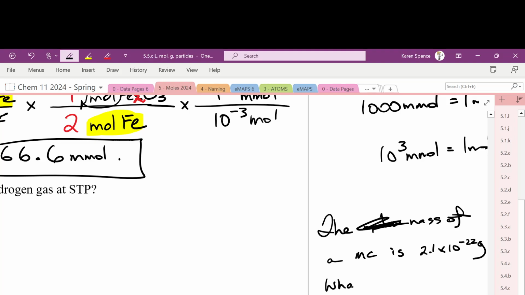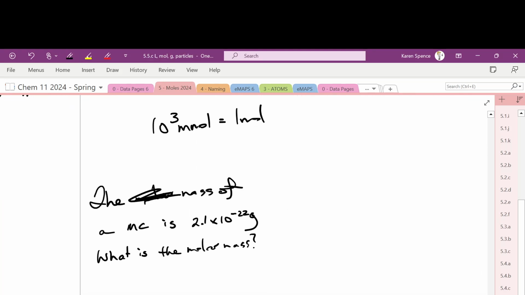What is the molar mass? Could you guys do that?